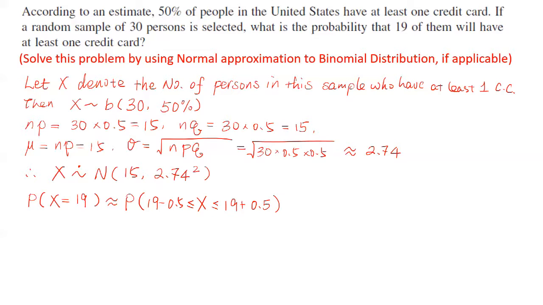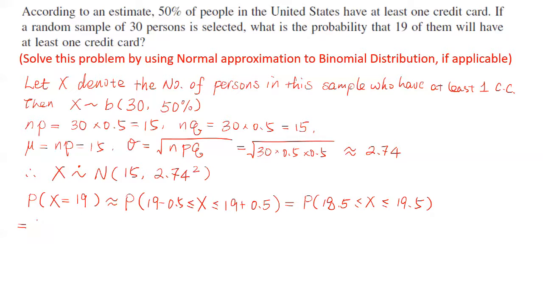Because 19 is a lower limit as well as an upper limit, so we need to expand 19 to a very small interval, which means 19 minus 0.5 and 19 plus 0.5, right? Okay, that means we need to calculate the probability of X within this interval.